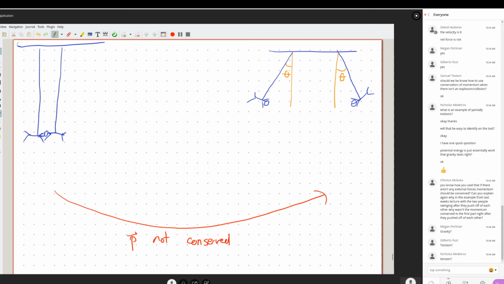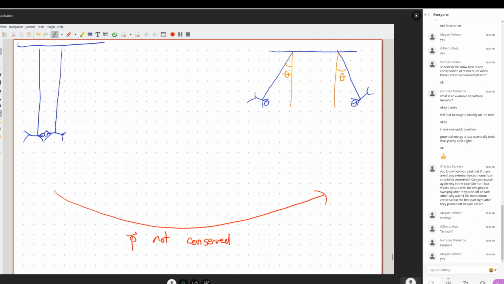Can we account for the work done by all forces in that process? We actually can't, because calculating the work done by their hands as they push on each other, I don't know how to do that because I don't know the distance that they extend their arms, right?